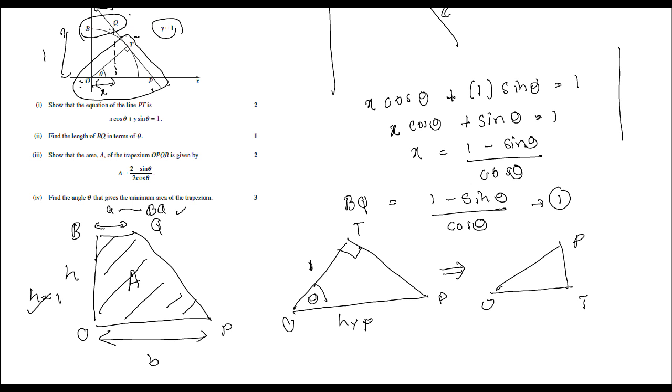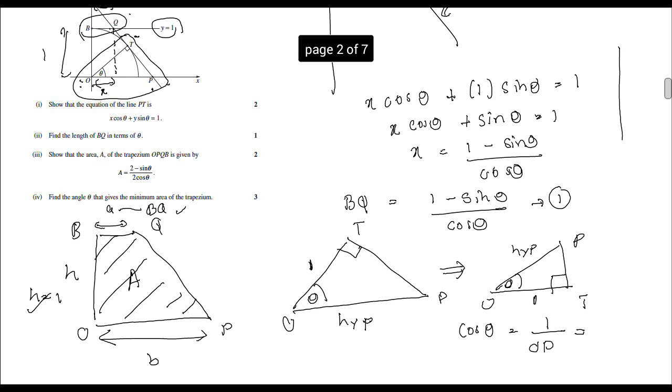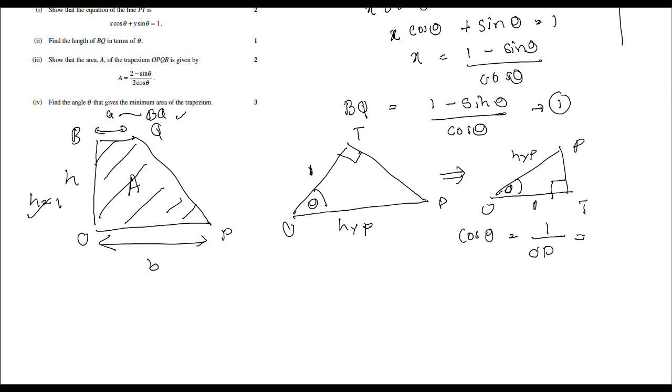TOP is theta, OTP is the right angle, this side is 1, and the hypotenuse is what I want to find. So cos theta for this triangle would be 1 over OP. So my OP would be 1 over cos theta, or sec theta. It's up to you how you keep it, but let's keep it simple that way.